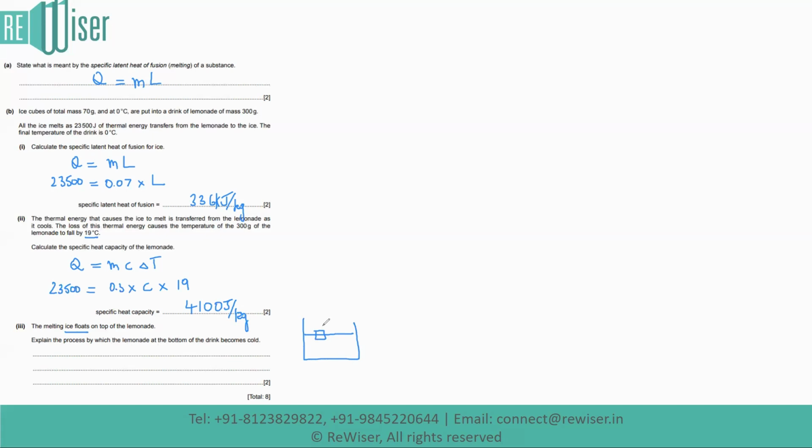And as ice begins to melt, it absorbs the energy from the topmost layer. And as it absorbs energy from the topmost layer, the water in this topmost layer becomes denser and it sinks. And as it sinks, the bottom of the drink becomes cold. This is exactly how the process is carried out.